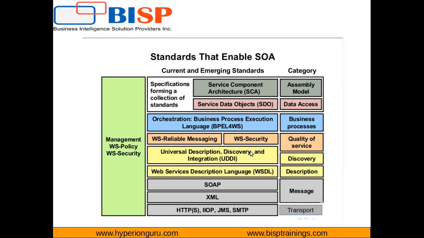XML is the standard format, and SOAP is your protocol. We'll talk more about SOAP later, in tomorrow's session. We'll go into detail with SOAP, WSDL, and XML in the coming sessions. The transport layer could be HTTPS, IIOP, JMS, or SMTP. All of these support carrying SOAP over their layer. We'll talk in detail about this later on.